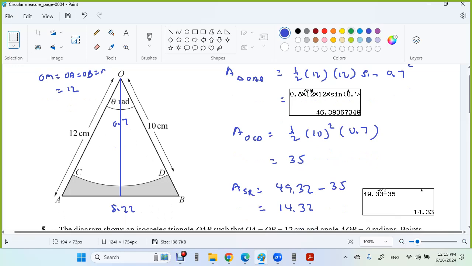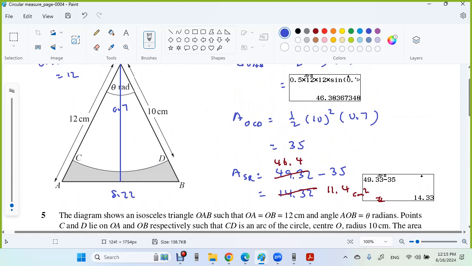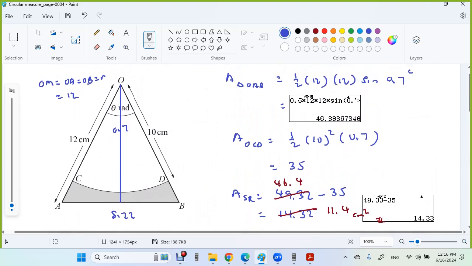If we use this one, this is 46.4 minus 35, then this will become 11.4 cm squared. So the answer provided is this. I think something is wrong. I will figure it out later, but we can do it this way.